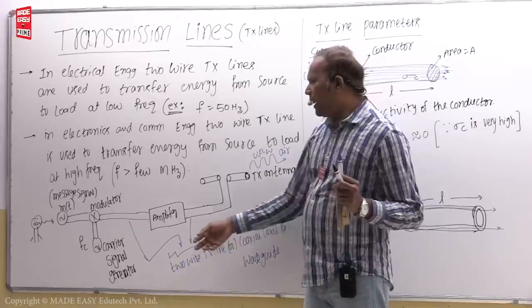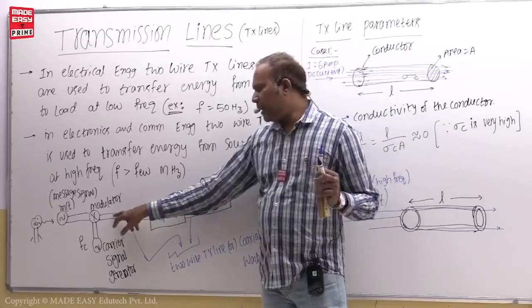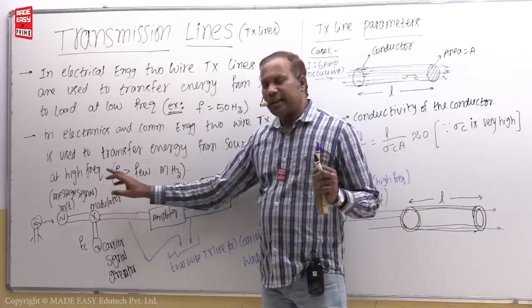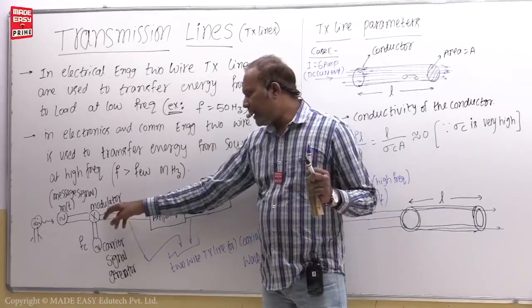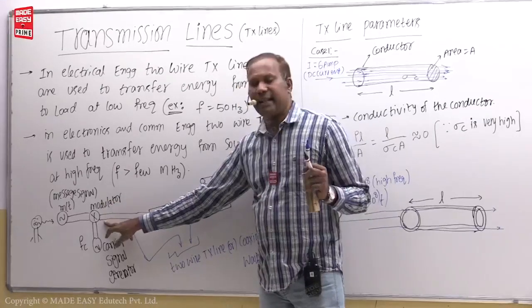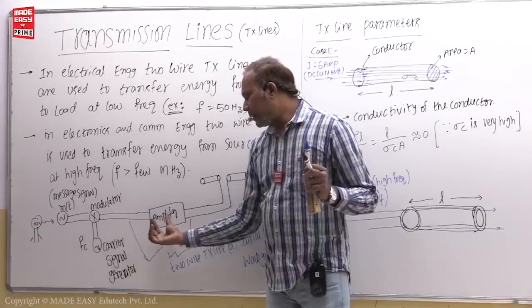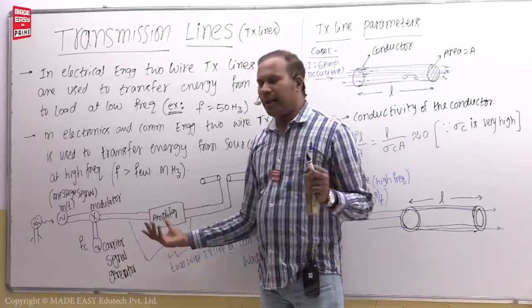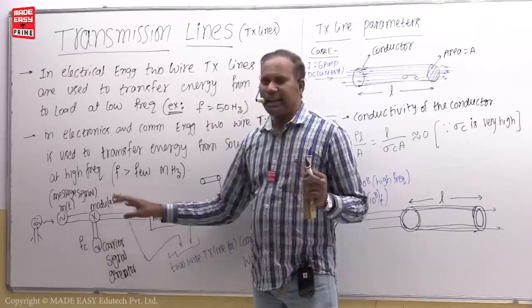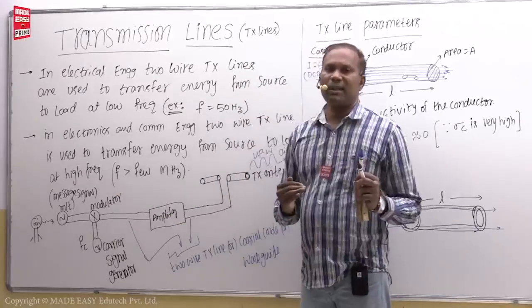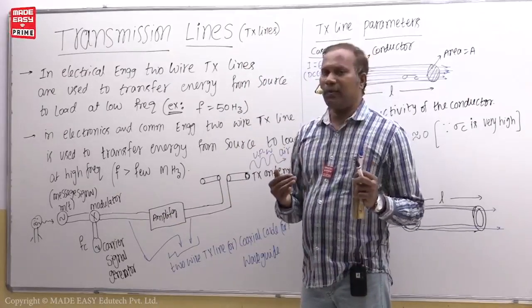If you send a gigahertz signal, they can't even carry it to the amplifier; it is radiated here itself. That is why two-wire transmission lines are not used at gigahertz frequencies.